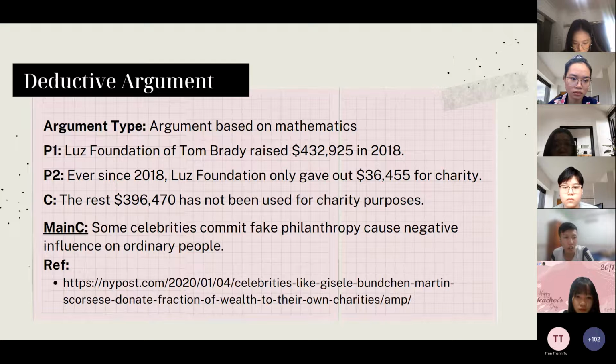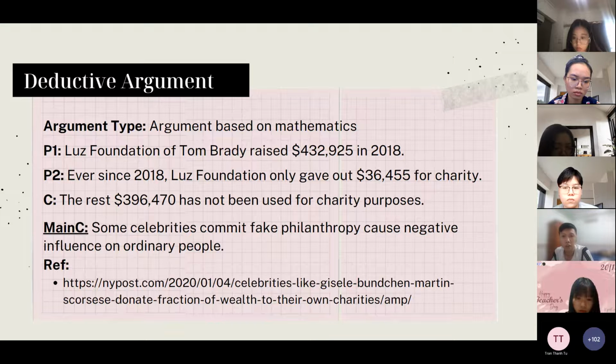The conclusion is that 396,470 has not been used for charity purposes. So we can see that some celebrities who commit fake philanthropy cause negative influence on ordinary people.